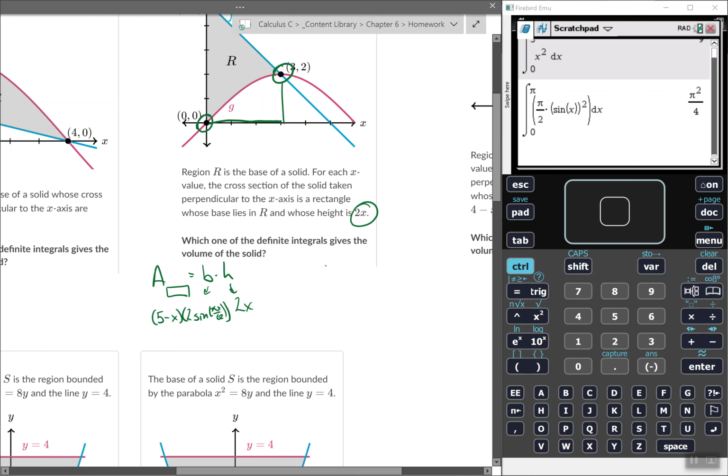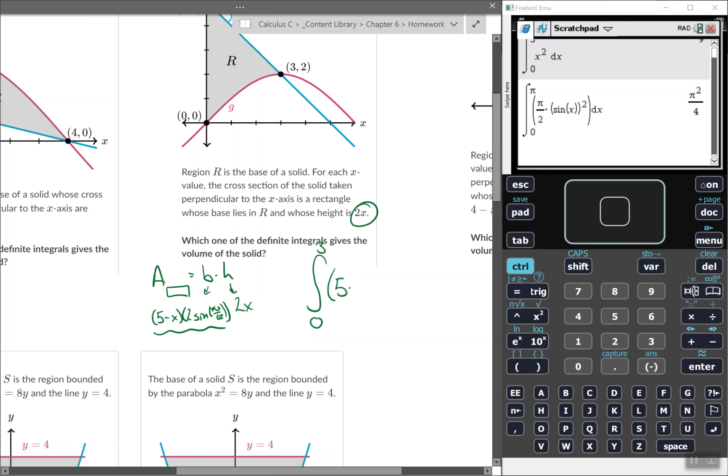Okay, so the first thing to set up on the integral here, again, are the limits. So it's from 0 on the x to 3 on the x. Those are the x values. We have the area formula, which is base times height. So the base, again, was all of this.